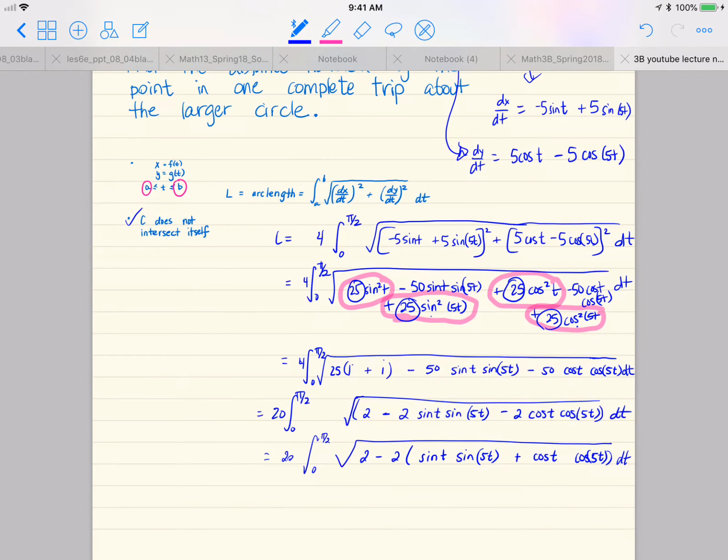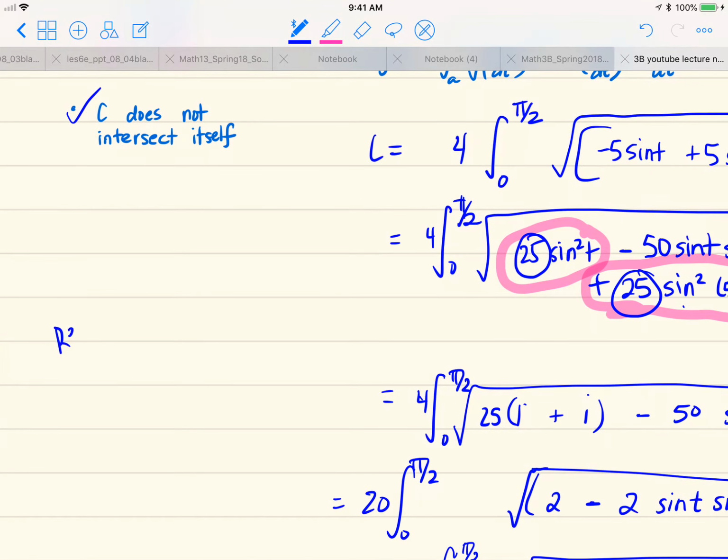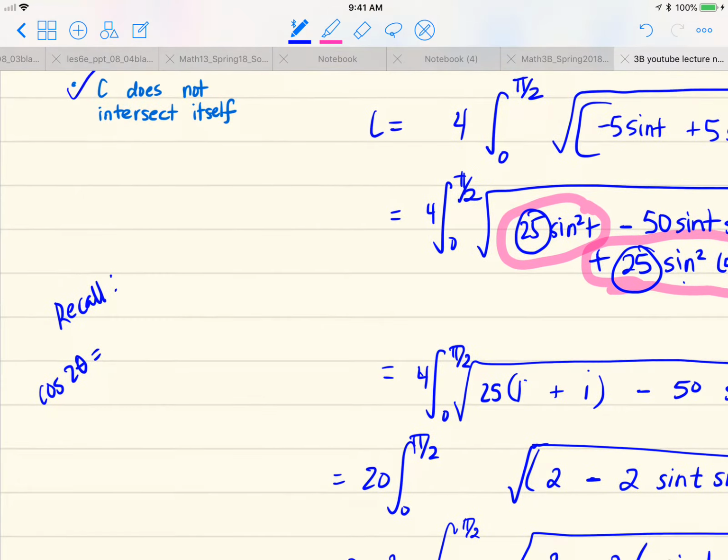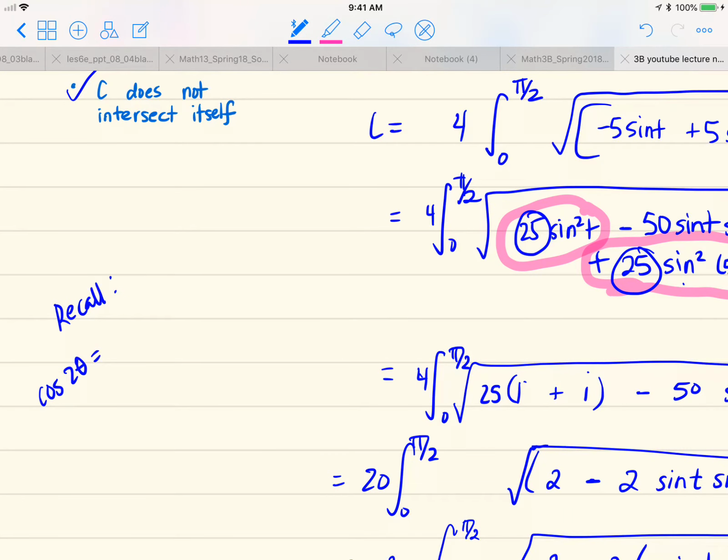So on the side here, I'm just going to say recall cosine of 2 theta is equal to... Hold on, wait. I'm thinking it's cosine of 2 theta, 2 cosine theta sine theta. Let me see.